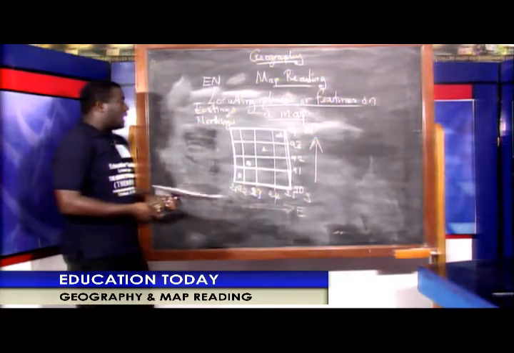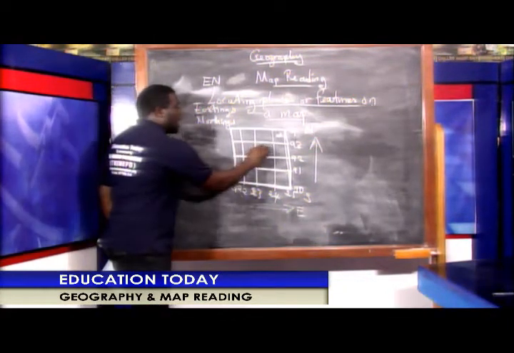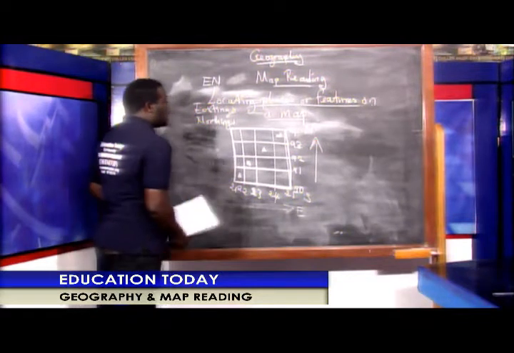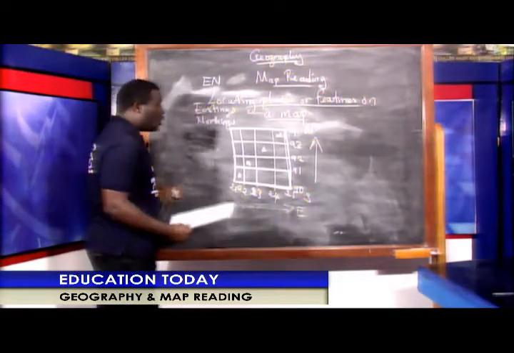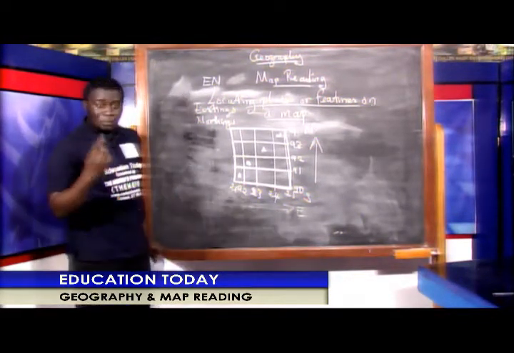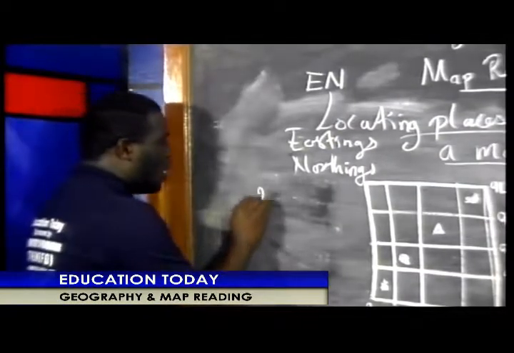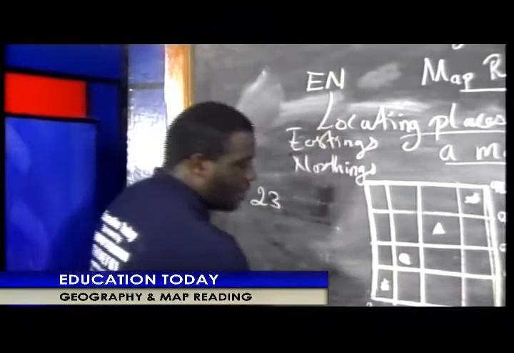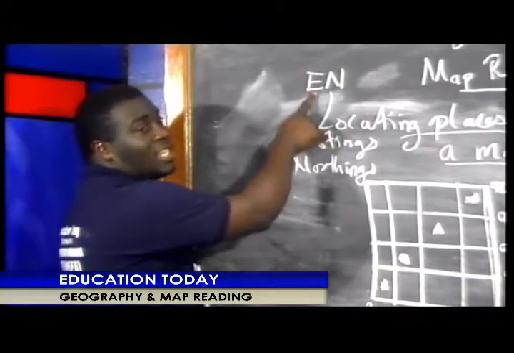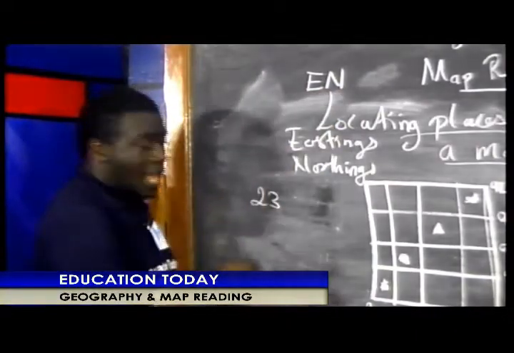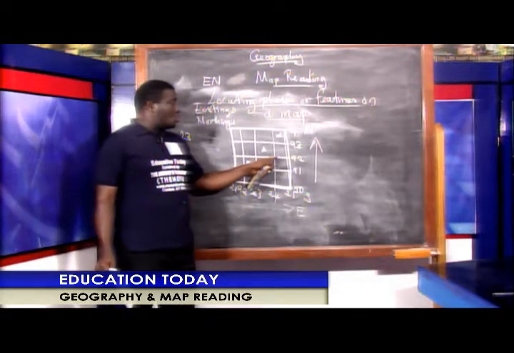Okay, we want to give the six-figure grid reference of this trigonometric pillar. What is the six-figure grid reference of the trigonometric pillar? It is pretty easy. Just look at the technique. I have my 23, which is my easting. Remember, E first before N. I'm going to break this line from 23 to 24.